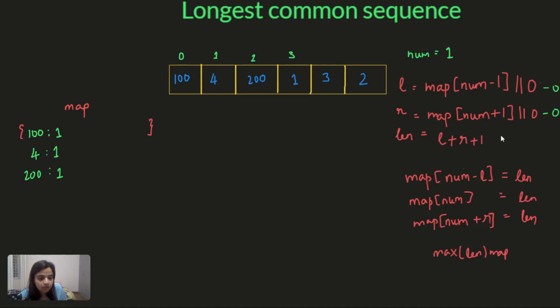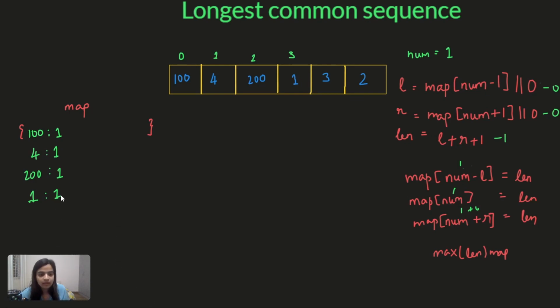Right plus left is 0 plus 0 plus 1 is 1. Num minus L, num is 1, L is 0. So map of 1 is len. Len is nothing but 1 again. Same here, map of 1 is len. Map of 1 plus 0, that is also a map of 1, which is len. Len is 1.